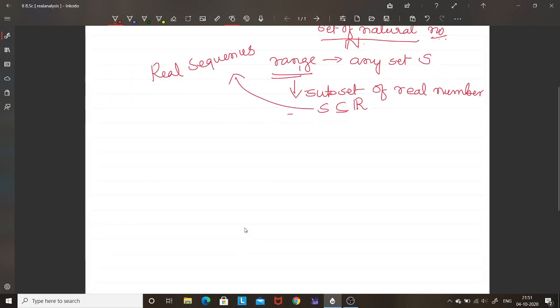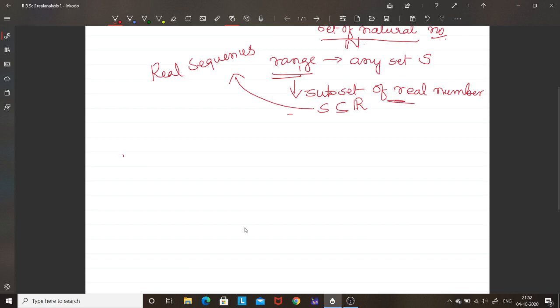We said that it's a function from the set of natural numbers to any set. So if the range is a subset of real numbers, then such sequences are called real sequences.